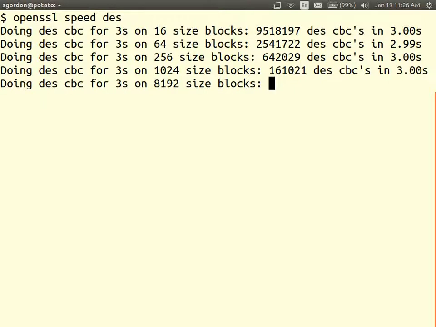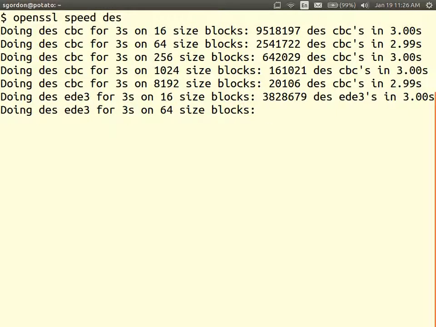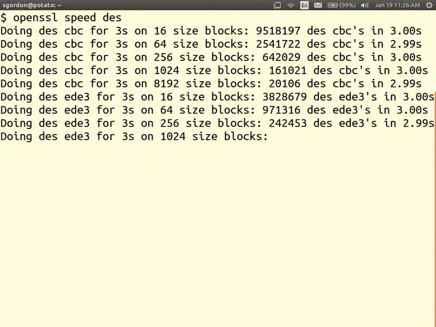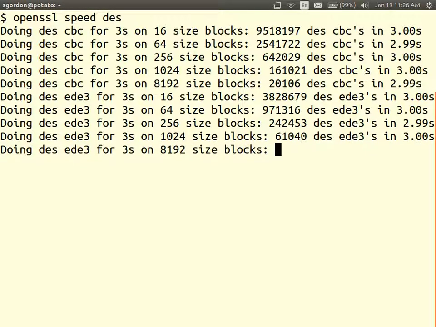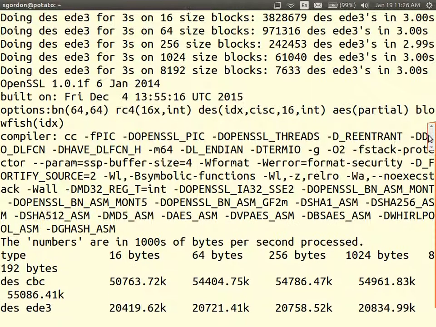And it's doing for different input sizes. All right, so first time it runs for 16 bytes at a time. Next one 64. And now it's doing it for triple DES. The first one was normal DES. This one is actually triple DES. It's running, and now maybe the thing of importance, it gives me some summary results at the end. So we'll just use them. Well, actually, we can use the first one to explain.